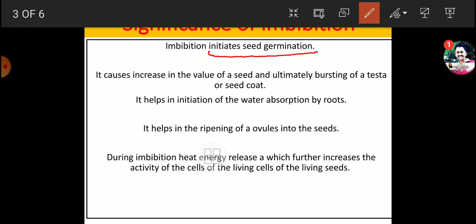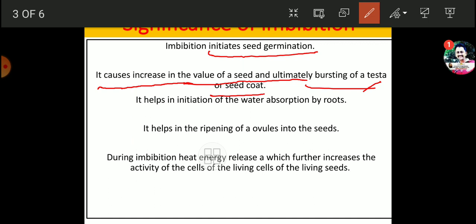Also, imbibition causes an increase in the volume of the seed and ultimately the bursting of the testa or seed coat.